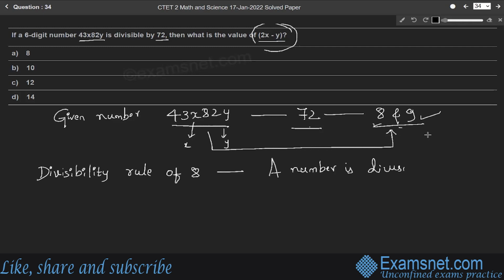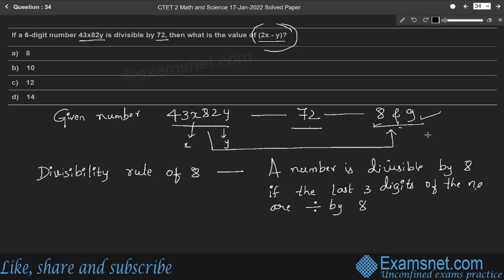A number is divisible by 8 if the last three digits of the number are divisible by 8.